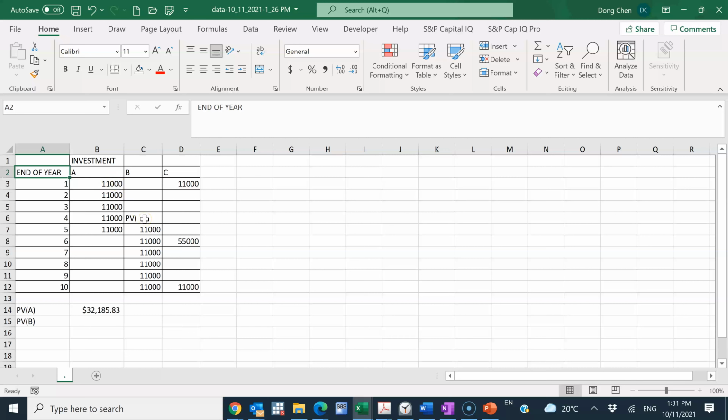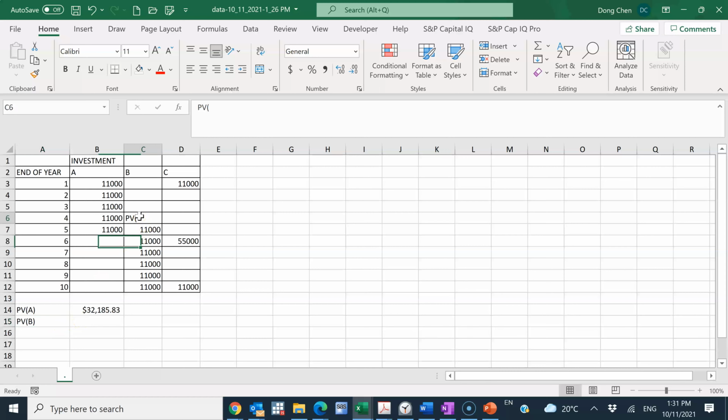Similarly, if we want to use the formula to calculate the present value of this annuity, we need to remember that this present value is referring to year 4. It's not strictly at year 0 yet. So in order to calculate the present value of investment B, we can follow 2 steps.